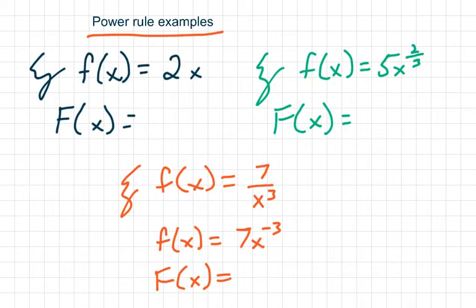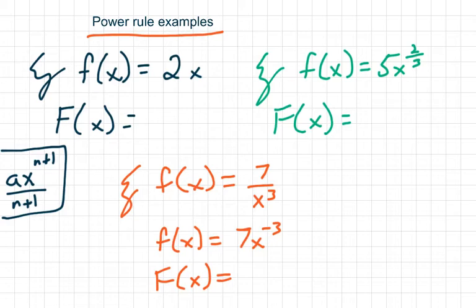Knowing the rule, here I'll put the rule here: ax to the n plus 1 over n plus 1. There's the rule again. So we're going to add 1 to the exponent and divide by that new exponent. In the very first question here, that's a 1, and this is the same question that we had. I'm going to have 2x to the 2 divided by 2.